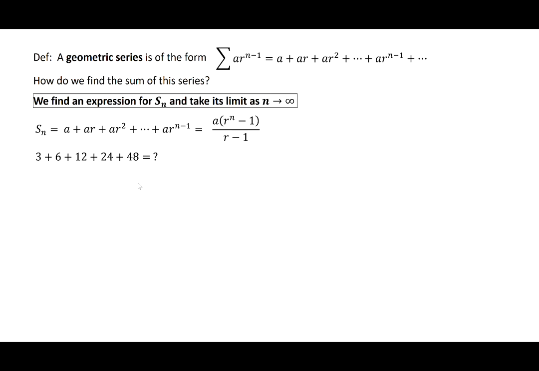But before I do that, let me start with 3 plus 6 plus 12 plus 24 plus 48 and so on. Right? Let's see. Is this a geometric series? A good way of finding whether a series is geometric or not is to take, say, the second term and divide it by the first term.